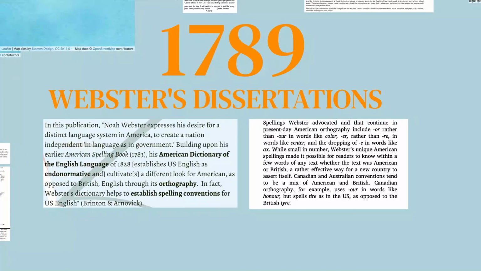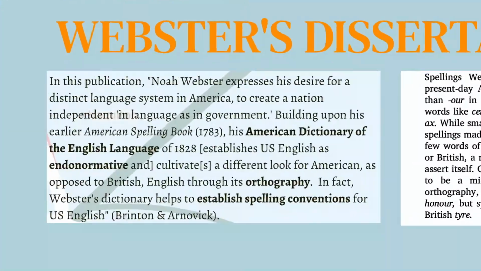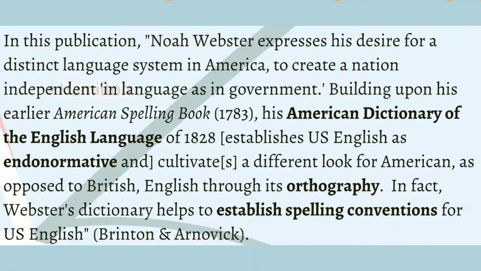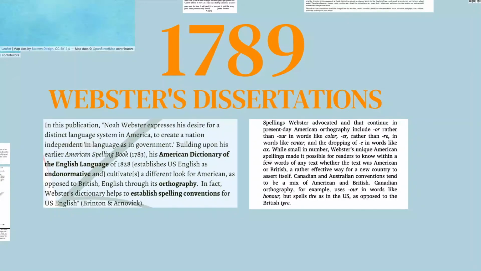At the same time, think about the 1700s back in North America, where the United States is declaring its independence in 1776. And duly, Noah Webster publishes his dissertations on the English language in 1789, and importantly, his American Dictionary of the English Language of 1828, which establishes, and here's this word again, establishes U.S. English as endonormative and cultivates a different look for American as opposed to British English, particularly through orthography, through the way things are spelled.